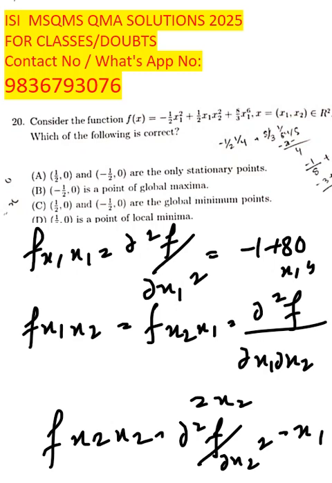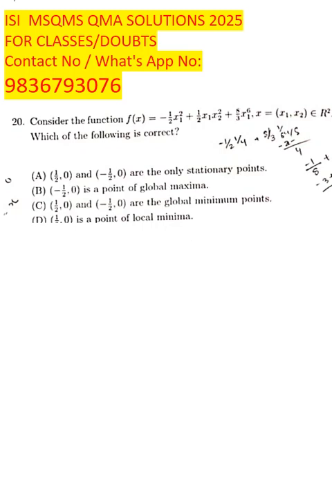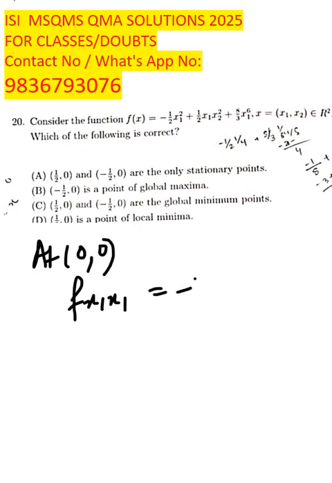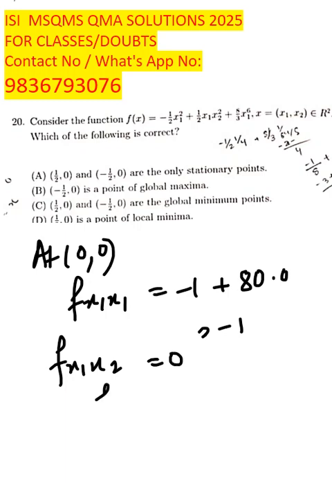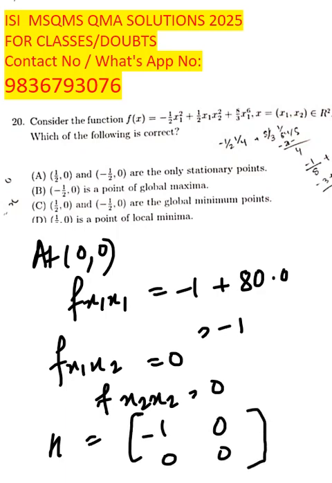Now at stationary point 0 comma 0, f x1 x1 is equal to -1 + 0, that is -1, and f x1 x2 is 0, and f x2 x2 is also 0. So Hessian matrix H is [-1 0; 0 0]. Eigenvalues are -1 and 0. Since one eigenvalue is negative and one is 0, it is inconclusive, like a saddle point.